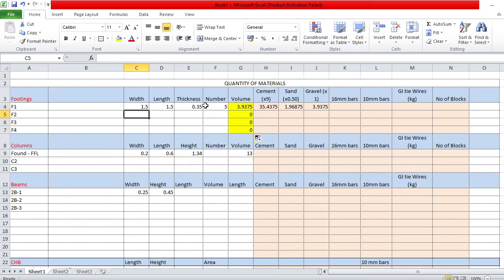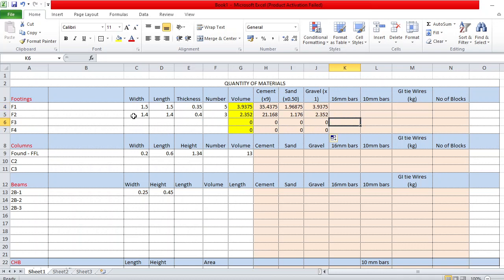Say, footing 2, example, 1.4. At the other side is 1.4. Thickness is 0.4. And number of footings na, say, F2 is 3. You have that, the volume. Ito, hihilahin mo lang. Hihilahin mo rin.